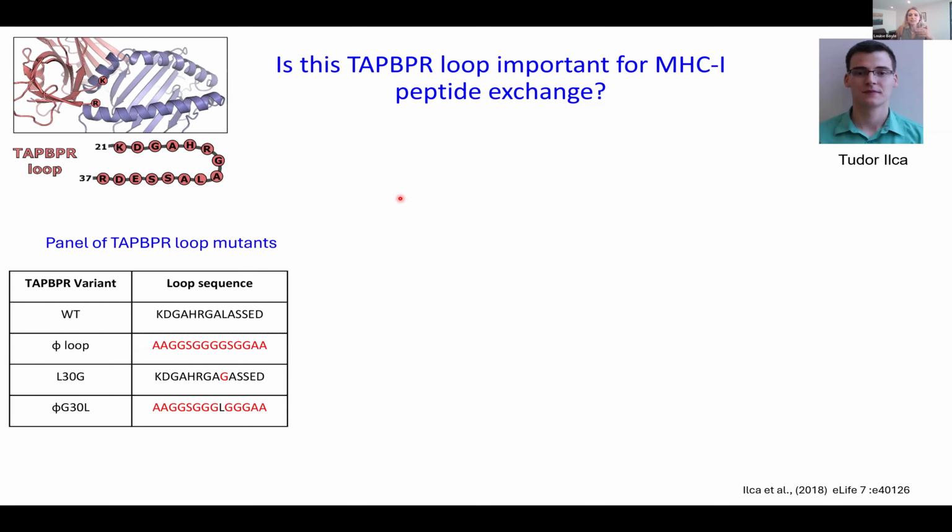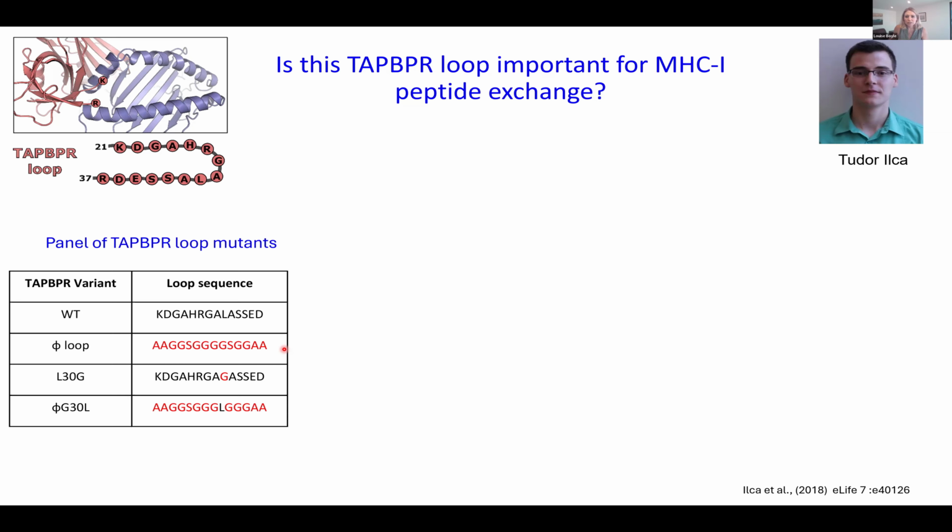So we asked, does this TAPBPR loop play a role in peptide exchange? And to do this, Tudor Ilka, who was a PhD student in my lab, created a small panel of TAPBPR loop mutant proteins. So he first made what we call the dead loop variant, and in this variant we mutated all of the residues in that loop to a series of alanines, serines or glycine residues.